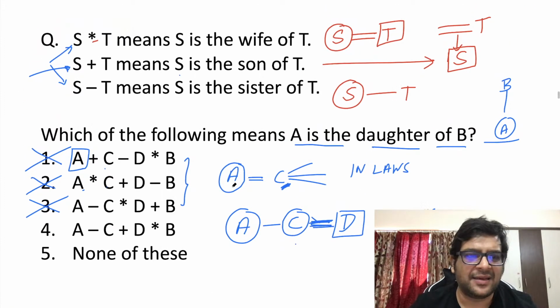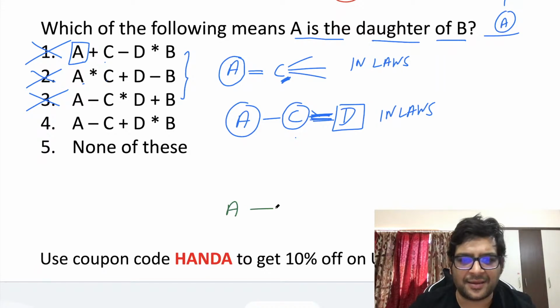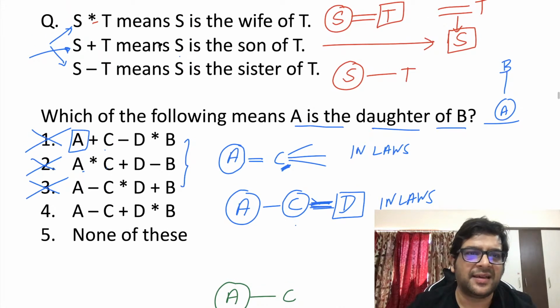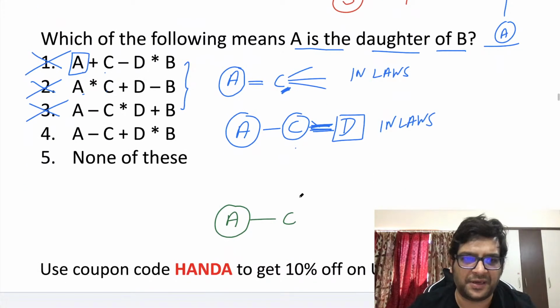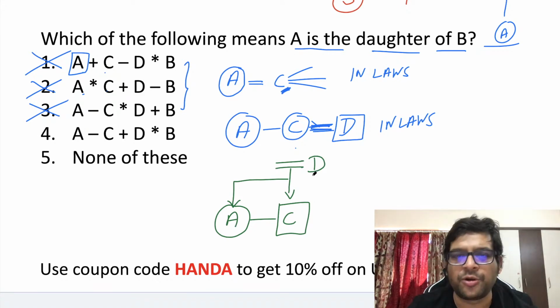A minus C. Minus means sister, so A is the sister of C. Then C plus D. Plus means son of D, so C is the son of D. Now if C is the son of D, that means A is the daughter of D. This might be my answer because I have gotten 2 generations and one parent as D. I don't know if D is father or mother, but D is definitely a parent.